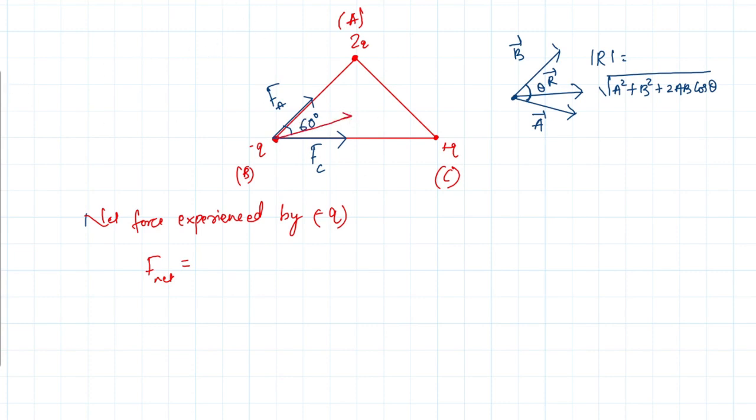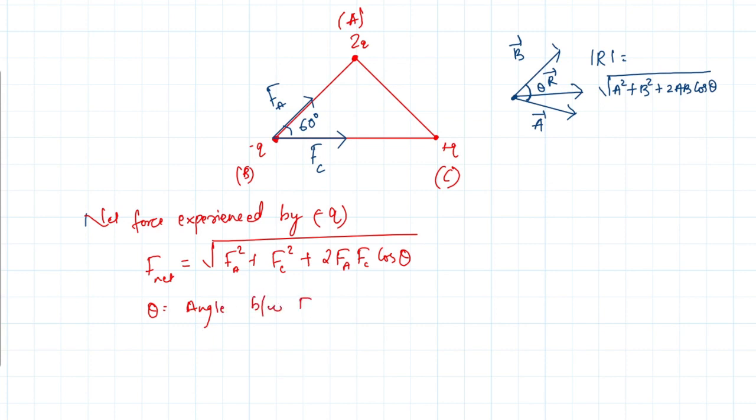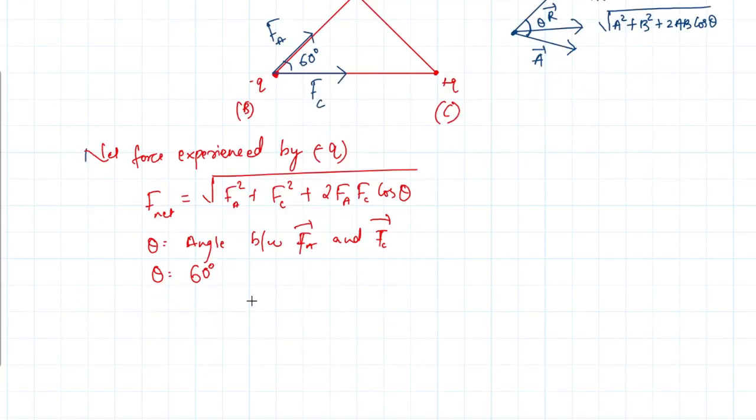So F net we can obtain by taking the square root of Fa squared plus Fc squared plus 2 Fa Fc cos theta, where theta is the angle between the Fa vector and Fc vector, which means theta is nothing but 60 degrees out here.